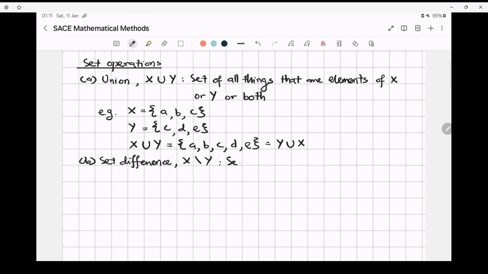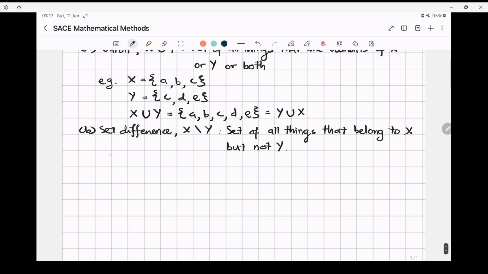This is the set of all things that belong to x but not y. This is important because now the order matters.